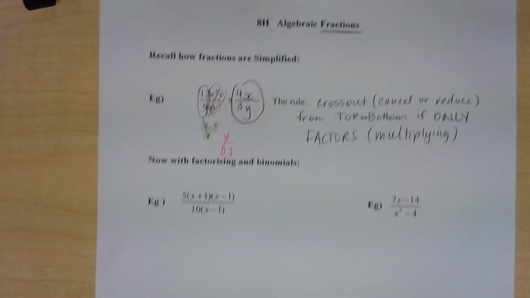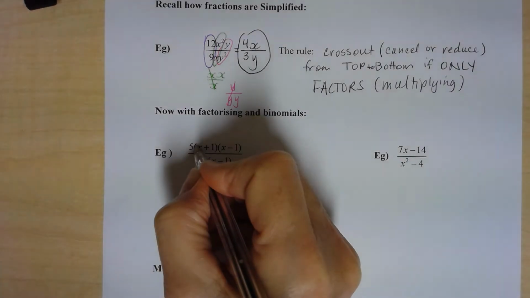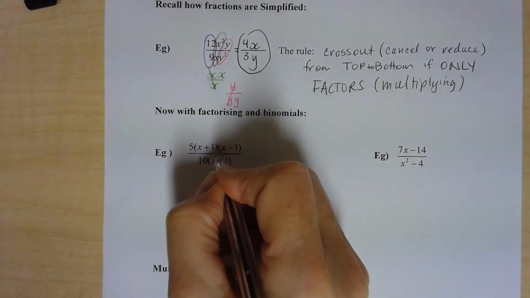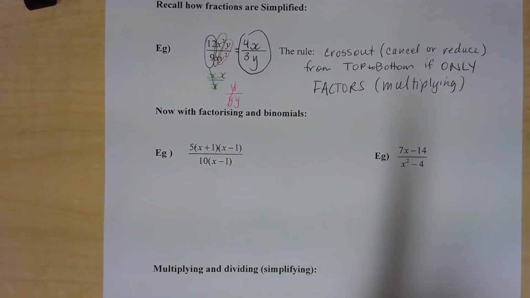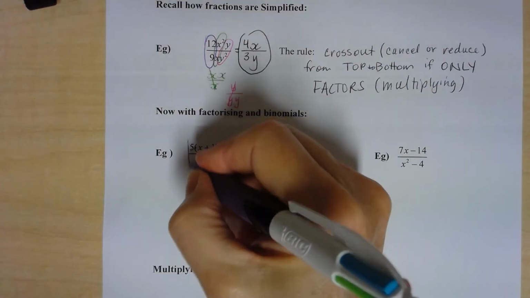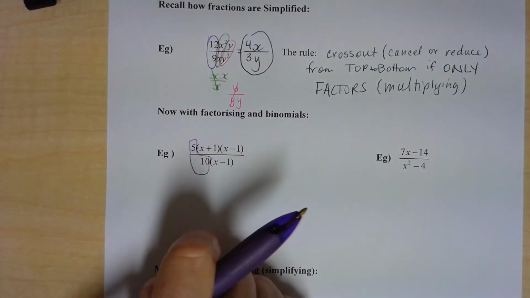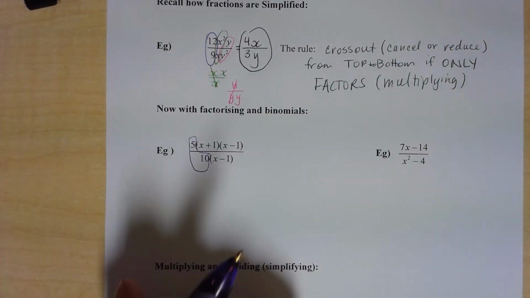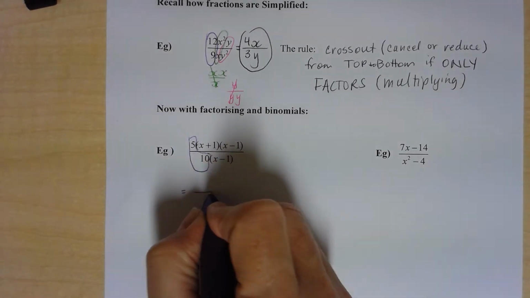That's the rule. Sometimes we have binomials, so now I have addition and subtraction, but I can see that really this is 5 times x plus 1 times x minus 1, and 10 times x minus 1. Do the same thing. I'll look at it and say, okay, here's the numbers that are right in front. It's this times that times that, that times that, so it's only times, and so I'm allowed to write that down as 1/2.